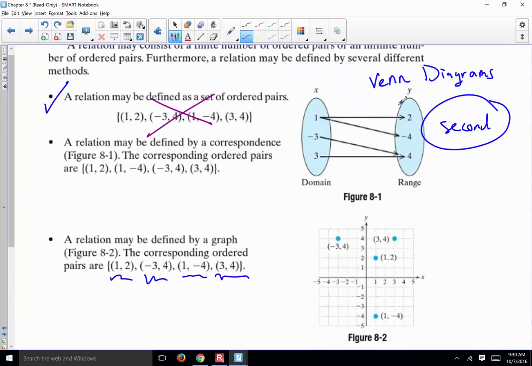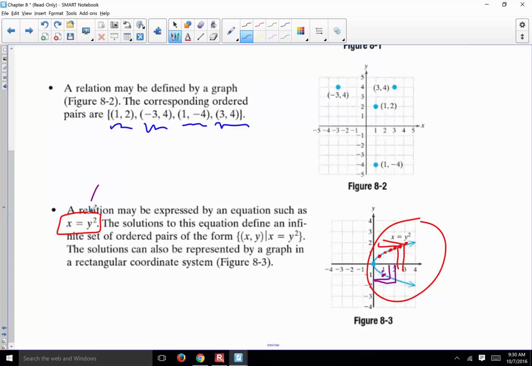You cannot do this Venn diagram because there are billions of options. How are you going to fit them in here, one by one? So we sometimes need to represent relations with equations. Every time I put a number here and another number there, I'm creating one. As long as you have a pair that satisfies this equation, you have a couple of numbers in the relation.